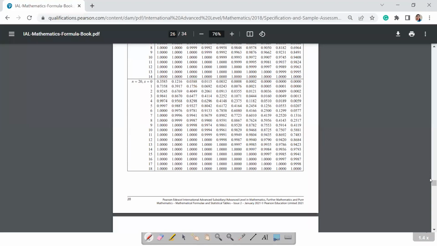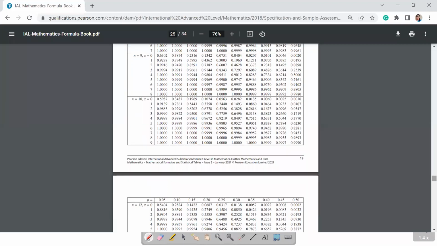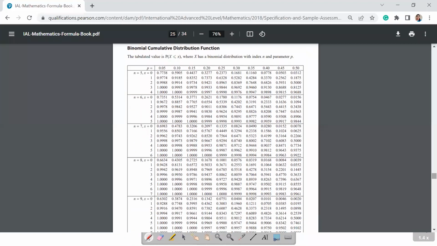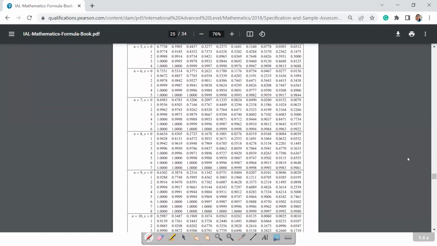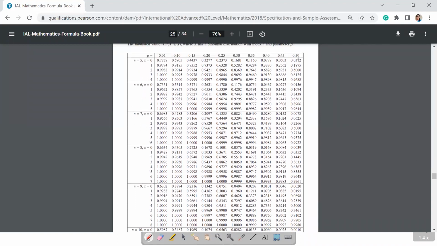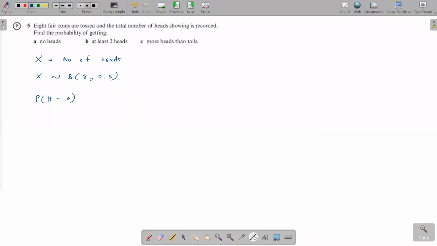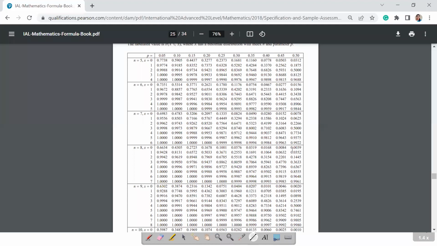So I have to go to n equal 8, right? Going to n equal 8, and the probability of success was 0.5. Guys, can you see? 0.5, n is 8, and we need X equal 0. What do you get there? So X is equal to 0, N is 8, and the probability of success 0.5.